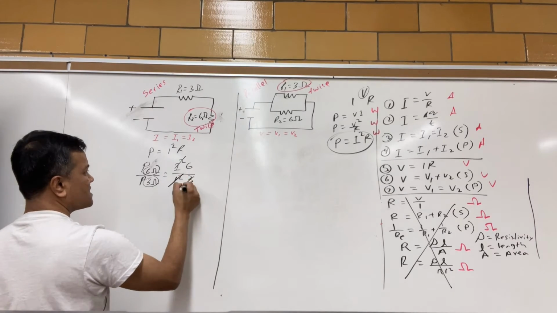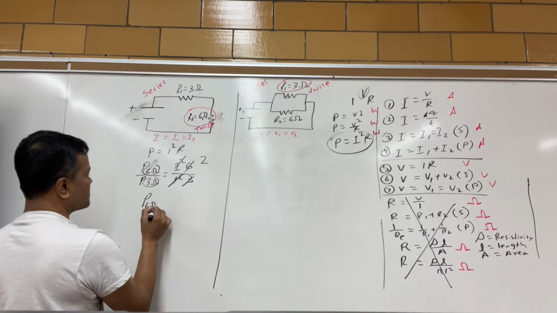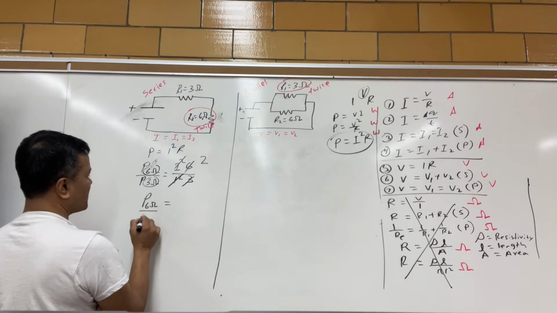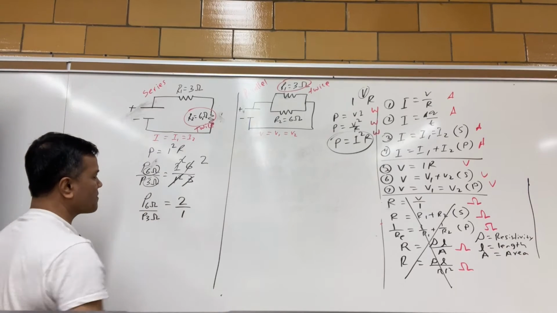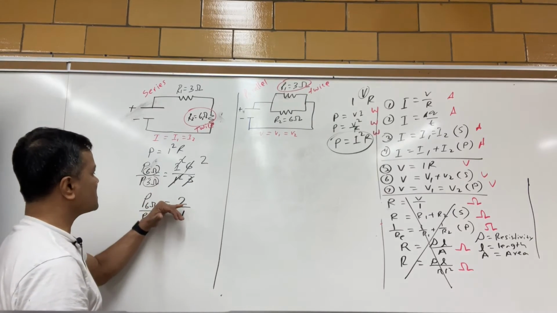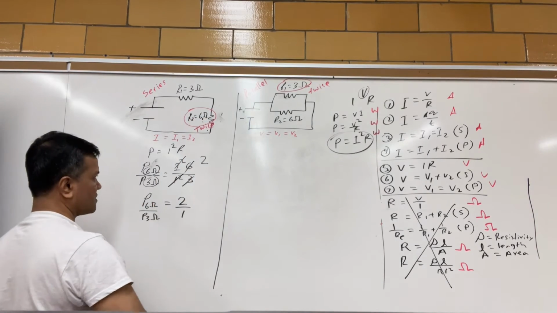I square cancels, 3 goes to 6 twice. So P 6 ohms over P 3 ohms is 2 over 1, right? So the 6 ohms is twice as bright.